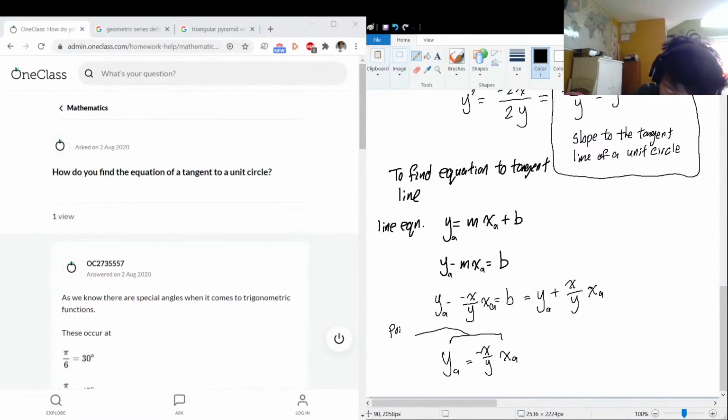So those are points on the tangent line. And those x and y's, let's say xc and yc, are points on the circle.